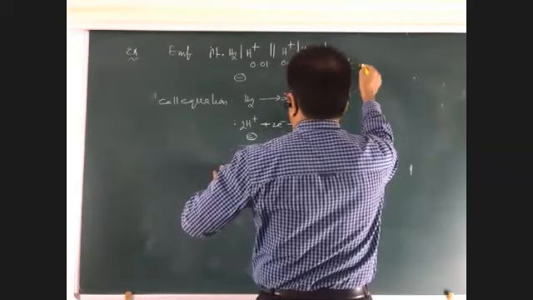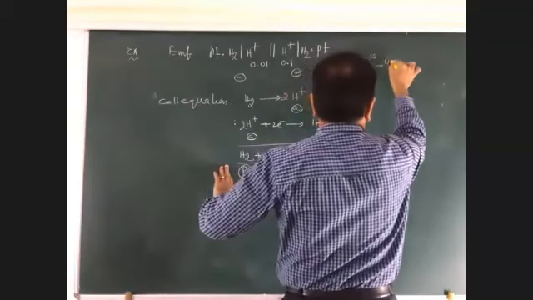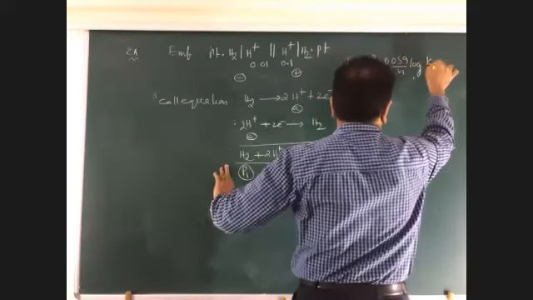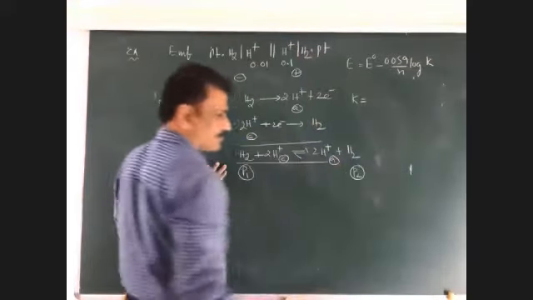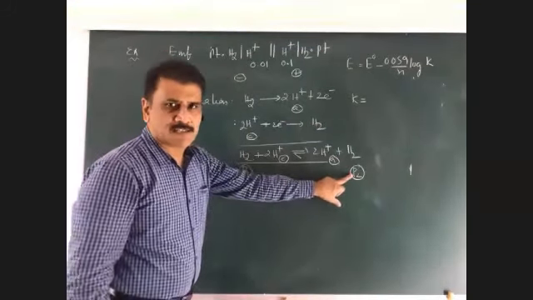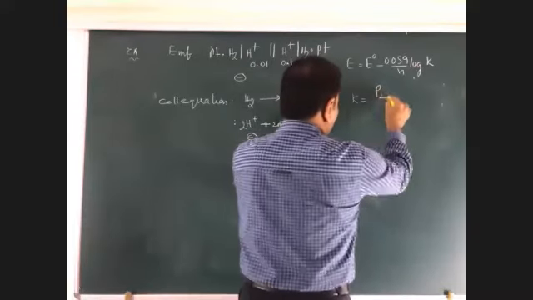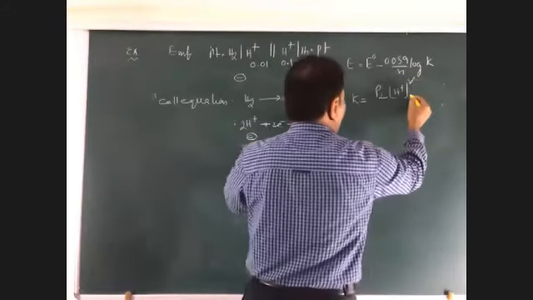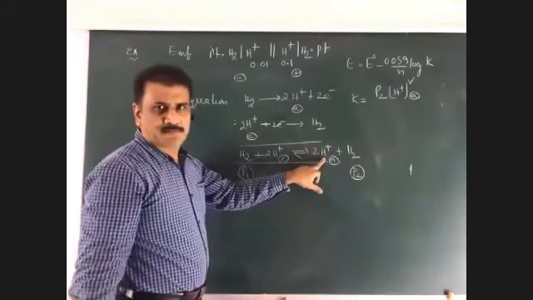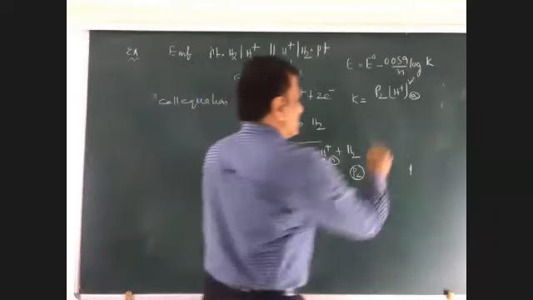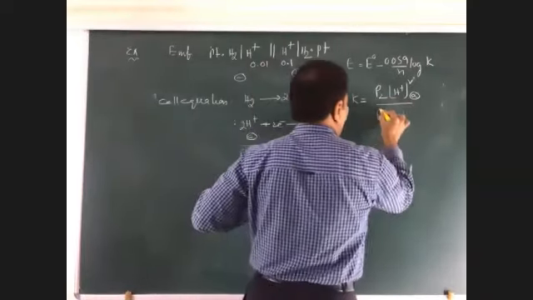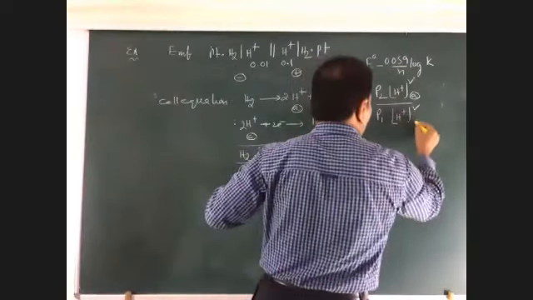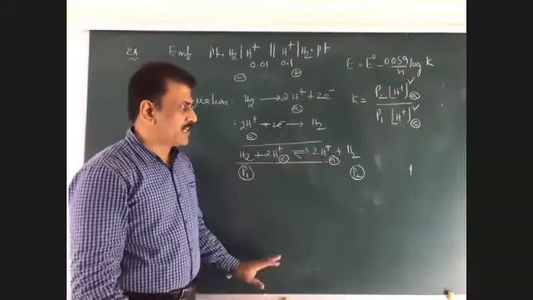E is equal to E naught minus 0.059 by n into log K. K is products: pressure P2 into H plus ion concentration whole square, which is anode, by pressure P1 into H plus ion concentration square, this is cathode. I think it is clear.